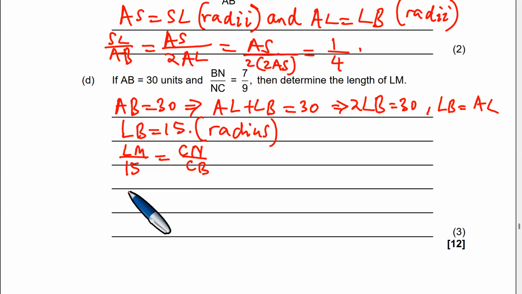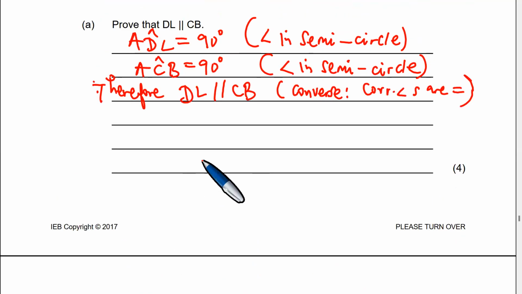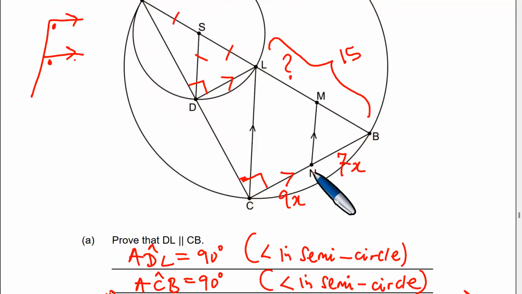So you have LM, which is what we want, out of 15, is equal to CN over CB. CN is 9x and CB is going to be 9x plus 7x, which is 16x.